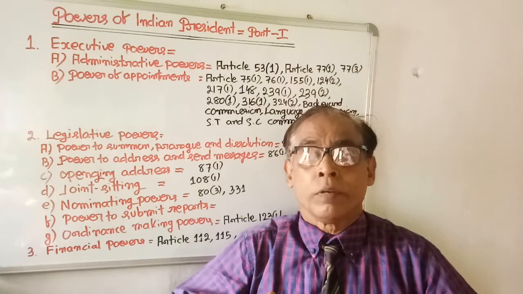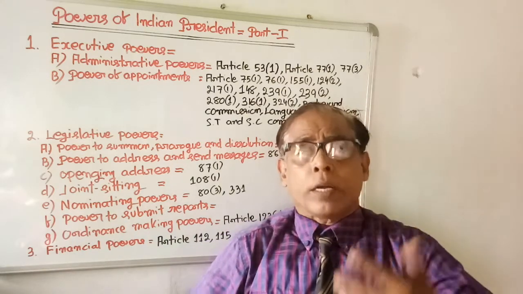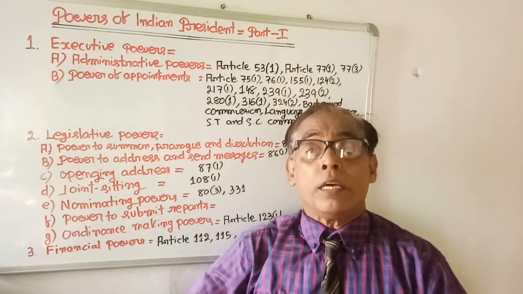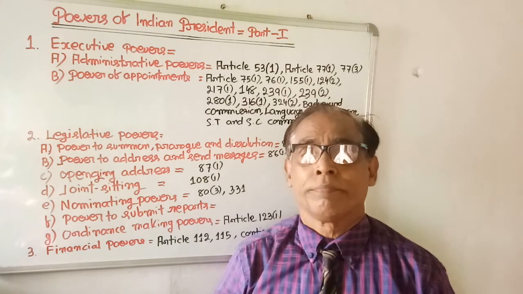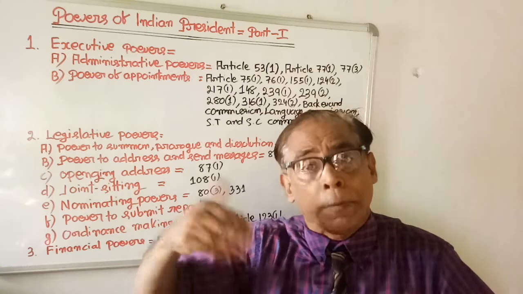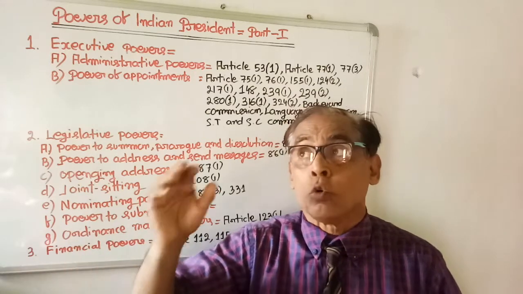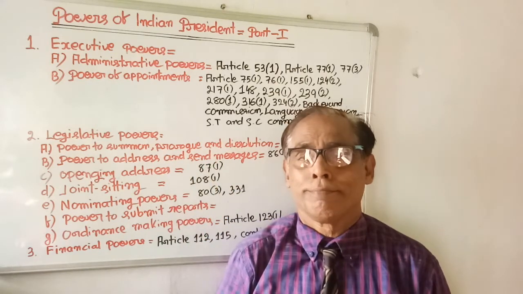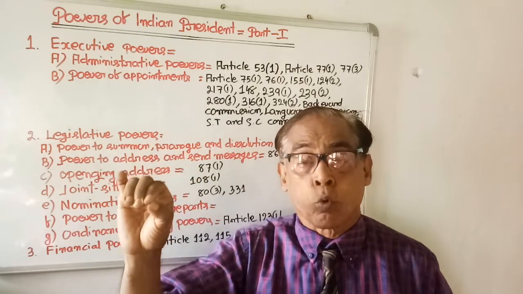For example, if there are any natural calamities in the country, like earthquake, flood, cyclone, or any serious disease like corona, the President has the power to sanction money from the contingency fund of the country to meet that unforeseen problem of the country.